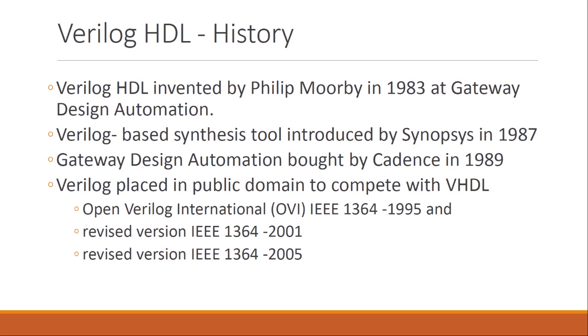And we use the synthesis process to convert a circuit described in a language like Verilog to a netlist. The first Verilog-based synthesis tool was introduced by Synopsys in 1987. Then Gateway Design Automation, which invented Verilog HDL, was bought by Cadence in 1989. And Verilog was also placed in the public domain later, to compete with VHDL.